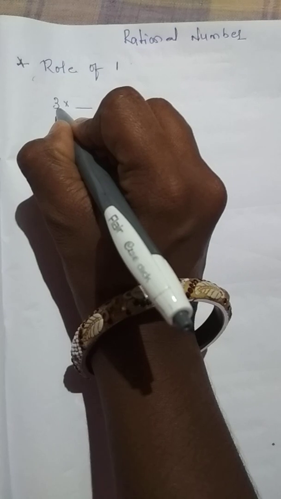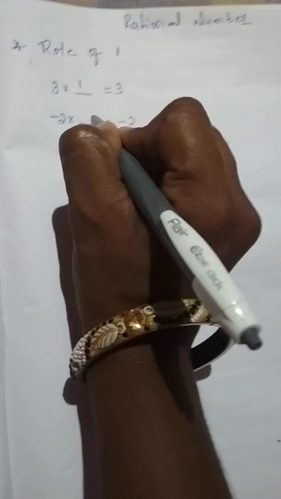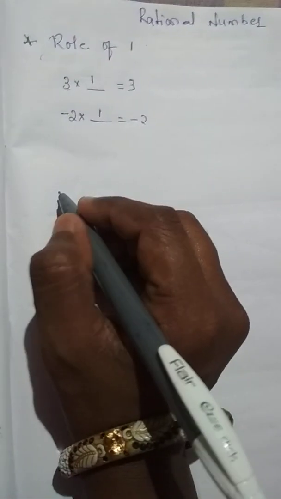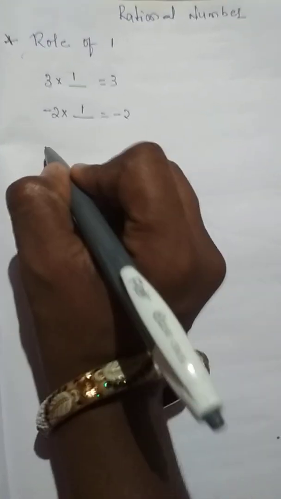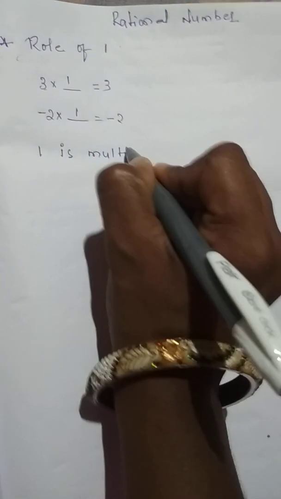What number multiplied by 3 gives 3? 1, right? Minus 2 into what is equal to minus 2? 1. Therefore, 1 is the multiplicative identity.